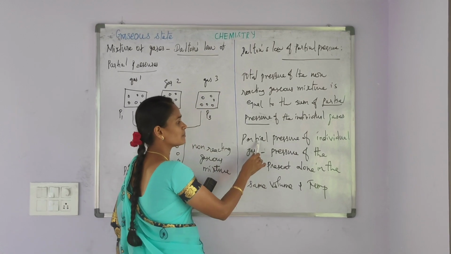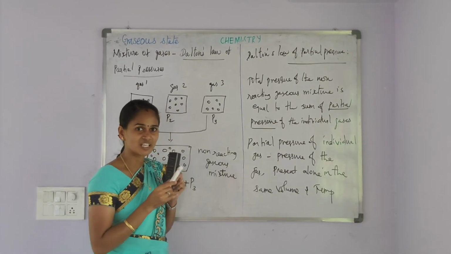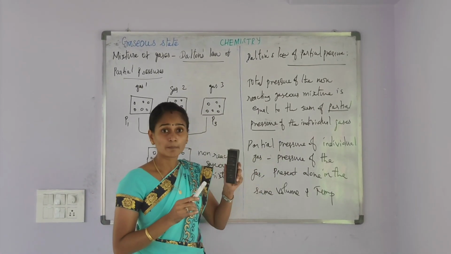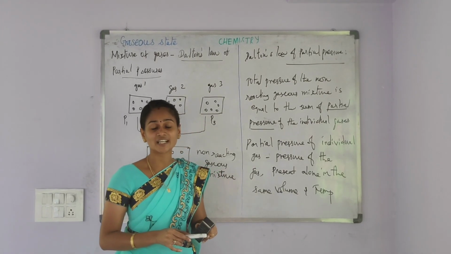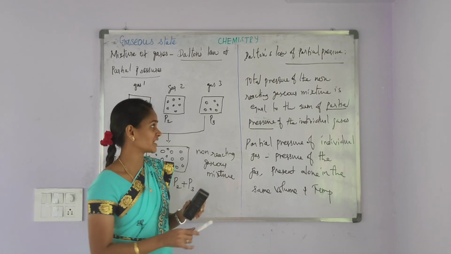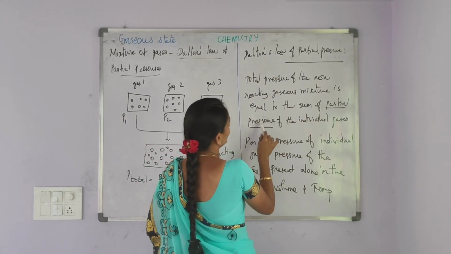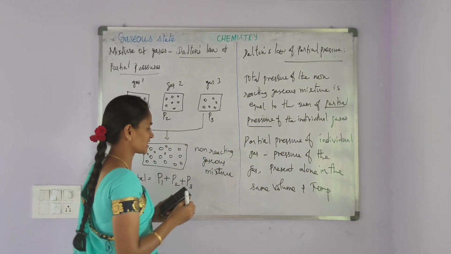I am repeating, partial pressure of the individual gas is the pressure of the gas if it is present alone in the same volume and temperature. So this is Dalton's law of partial pressure.